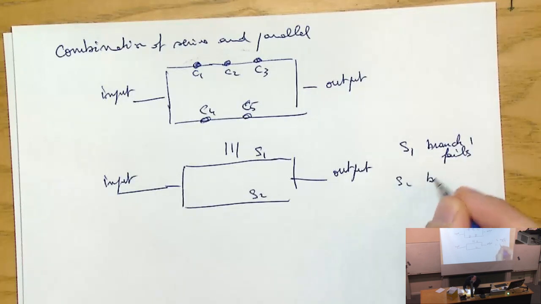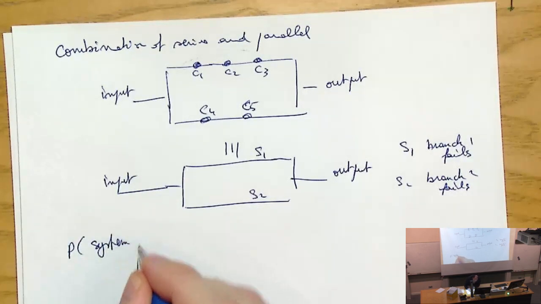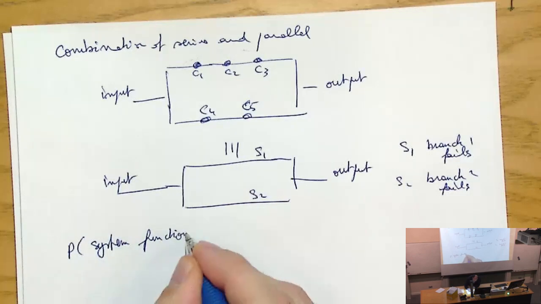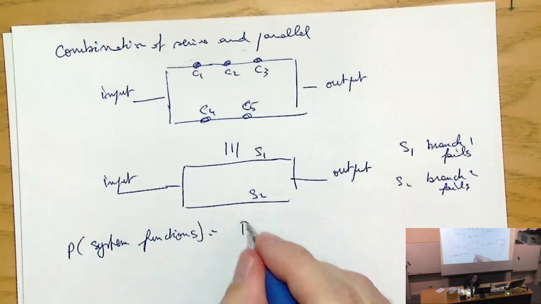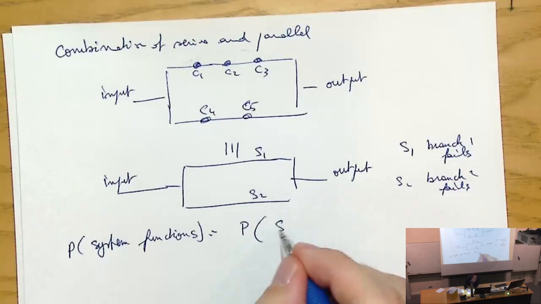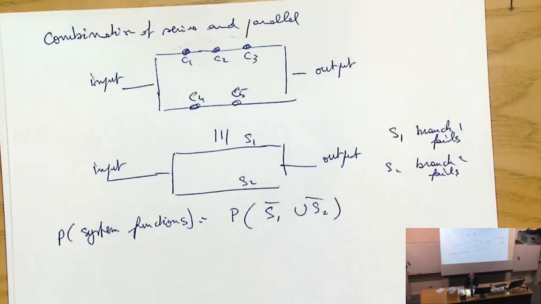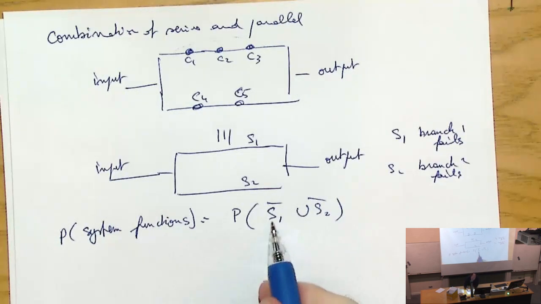S2 means branch 2 works. So what's the probability that the system functions? It is the probability that either S1 works or S2 works. So either this branch works or this branch works.